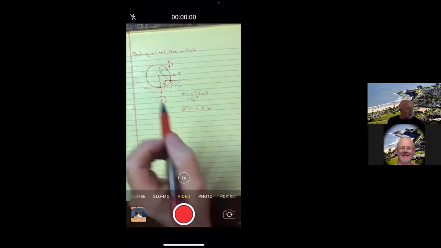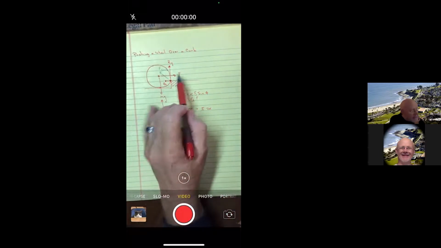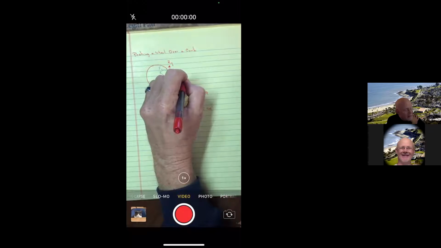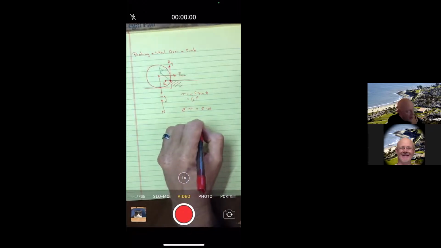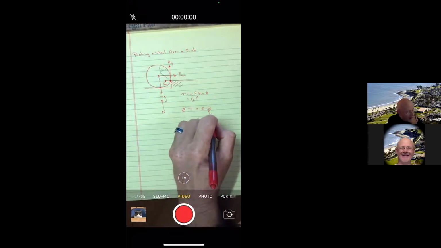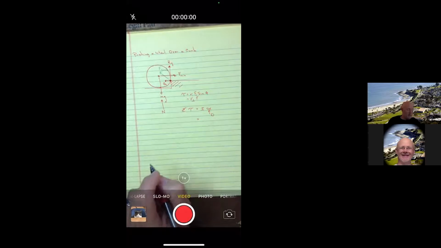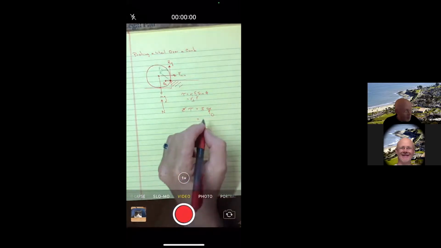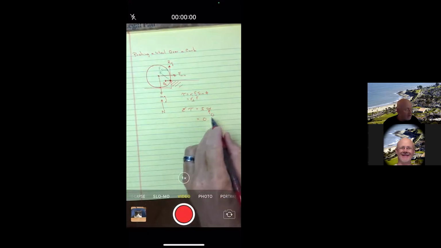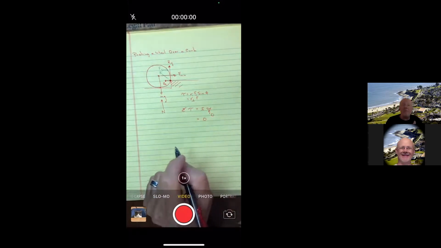Because if you're talking about just the minimum amount of force to lift, you really are talking about barely turning it. And so any force greater than that force, when you set the acceleration equal to 0, would be the minimum.